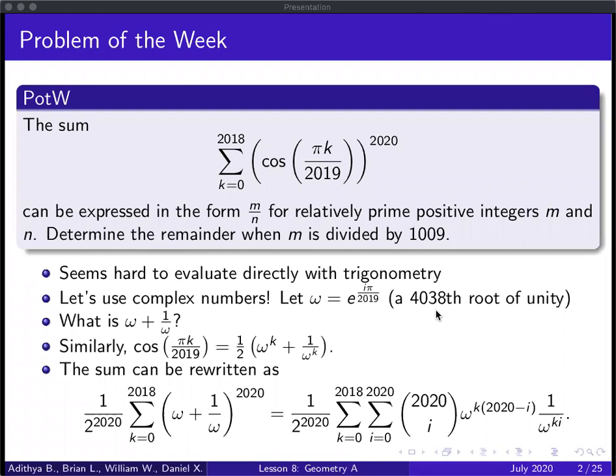And then now we just expand with the binomial theorem. So that's 2020 choose i times omega to the k times omega to the k times 2020 minus i over omega to the k i. Does that make sense?